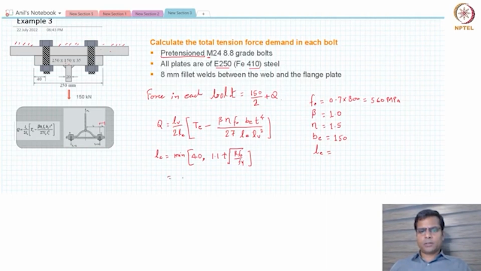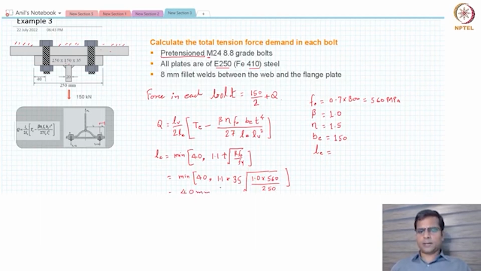So let's calculate it. 1.1 multiplied by the thickness of the plate, which is 35 millimeter, times the square root of beta, again 1.0, times F0, 560, divided by the yield stress of the plate, 250.